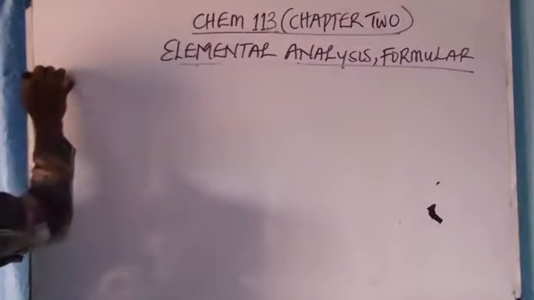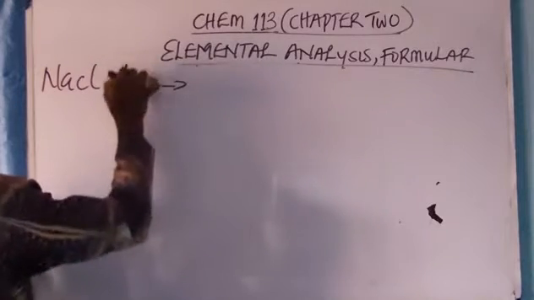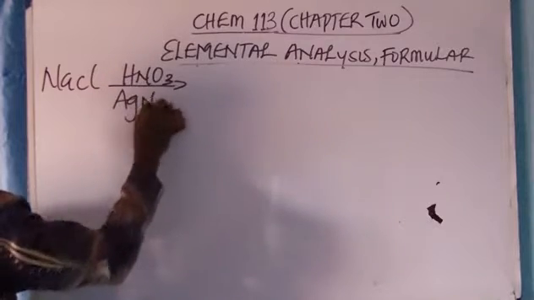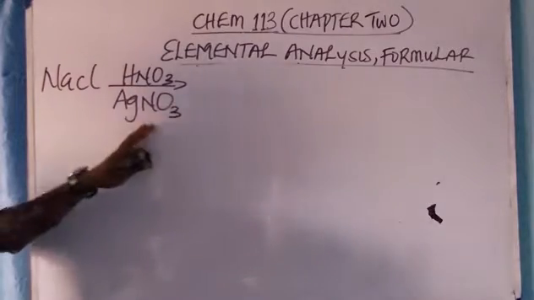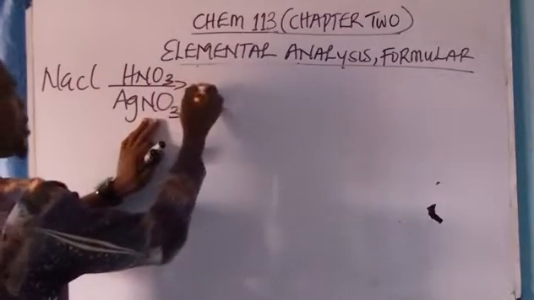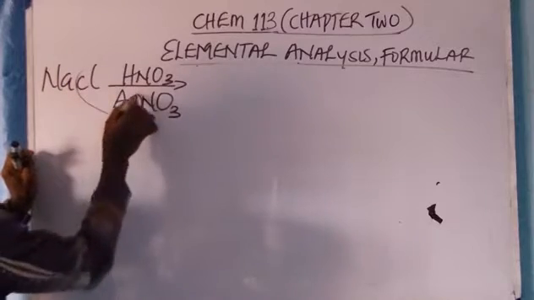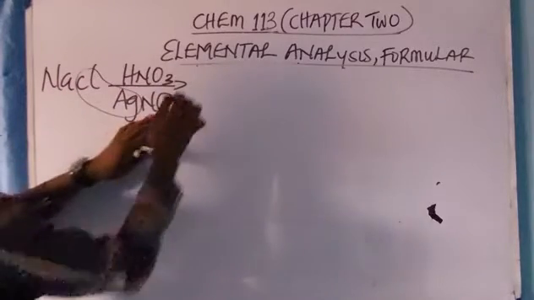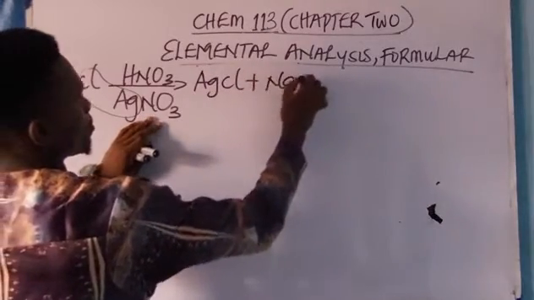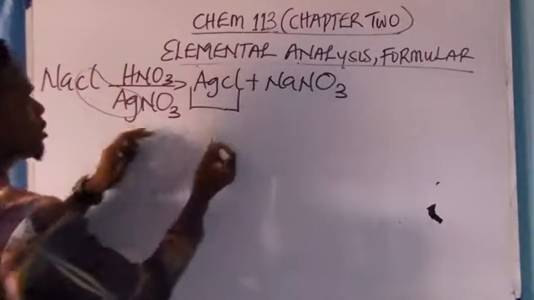Now, in the presence of sodium chloride, nitric acid HNO3 and silver nitrate, if I react this, I'm going to be having silver chloride and sodium what? Nitrate. Silver chloride and sodium nitrate.